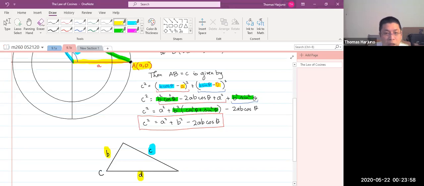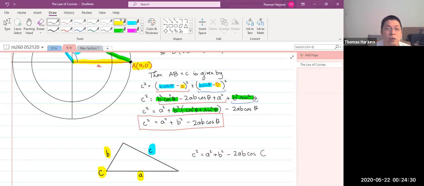Two sides and included angle give you the opposite side of that angle. Okay, so side C squared equals A squared plus B squared minus 2AB cosine angle C.